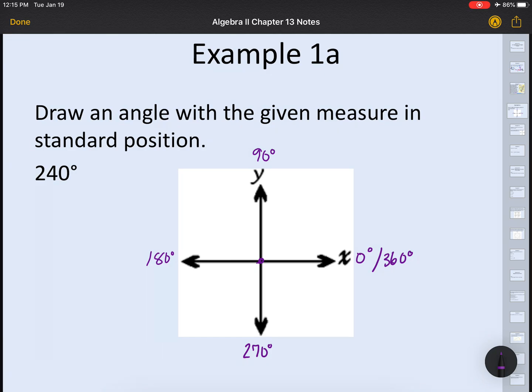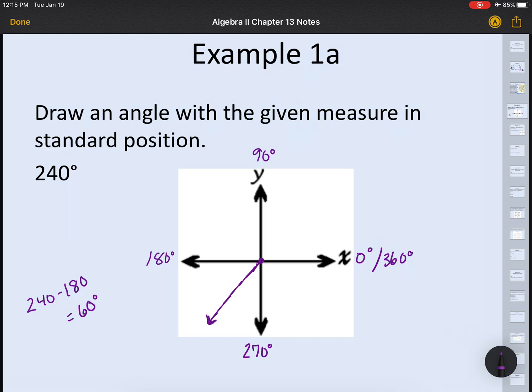Okay, so 240 degrees. If I think about that, that's more than 180. So 240 minus 180 is equal to 60 more. So if I go 60 more than 180, it's about right in here.